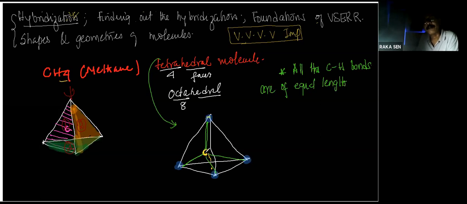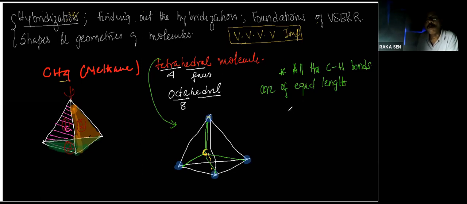This is the first point. Carbon-hydrogen means out here I've got carbon, out here I've got hydrogen. The distance between the nucleus of carbon and the nucleus of hydrogen is called the bond length. So the bond lengths of all carbon-hydrogen bonds are of equal length.